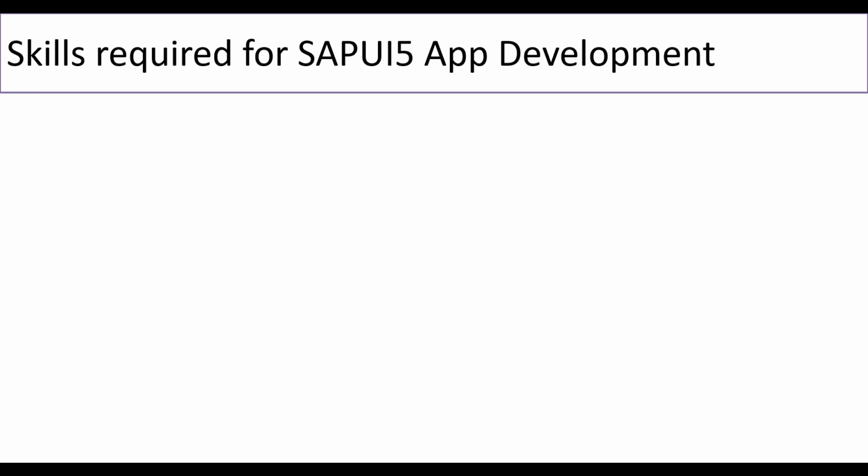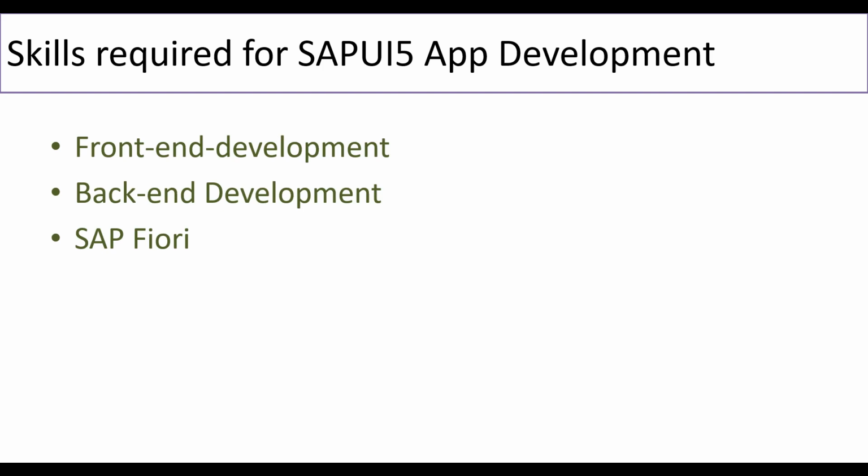Now, going back, the skills required for developing SAP UI5 applications. I have divided them into three parts: front-end development, back-end development, and SAP Fiori. Ideally, these should be part of an SAP Fiori project or SAP UI5 project, but still the first two are treated as a single set, and back-end development is treated as another set.